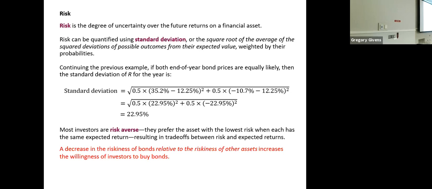And so that means that bonds were, relative to stocks, deemed less risky. This pushed up the demand for bonds and therefore increased bond prices and lowered interest rates, okay? So the risk doesn't necessarily have to affect the bond directly. It's really more about its risk relative to these other potential assets that one can substitute for in one's portfolio.